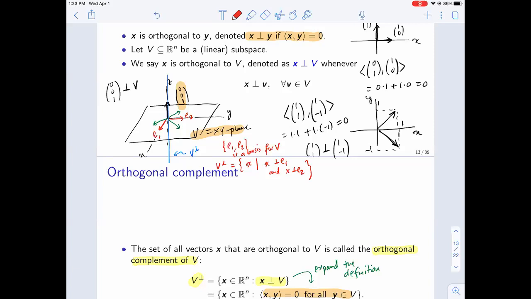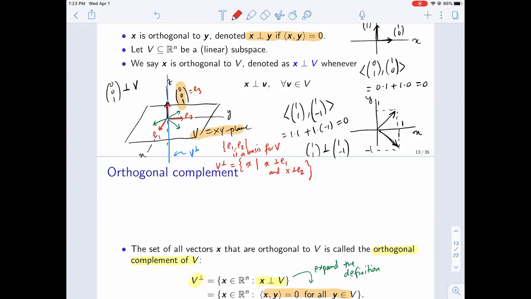And we see that, for example, E3, the third basis vector, is orthogonal to both E1 and E2, and anything in that direction is orthogonal to both E1 and E2. So anything in that direction has to be in the V perp. But a little bit of thought also shows that nothing else can be in the V perp, because any other vector that is not in the direction of Z is going to have some component.